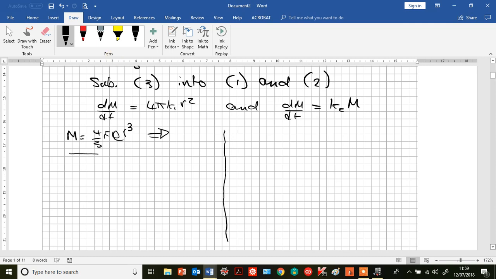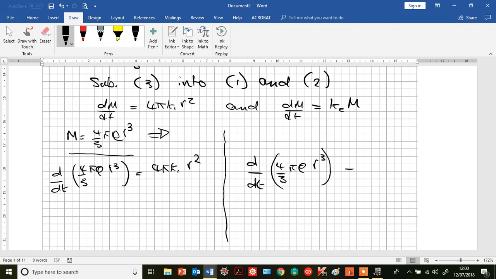If we substitute this relationship into the first equation and then into the second equation, we get d by dt of 4/3 pi rho r cubed equal to 4 pi k1 r squared on that side, and on this side the equation becomes d by dt of 4/3 pi rho r cubed equal to k2 times 4/3 pi rho r cubed.